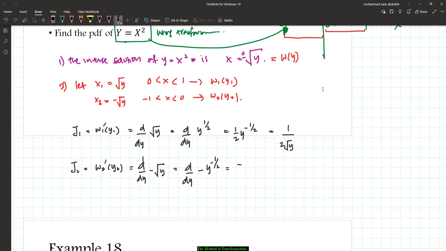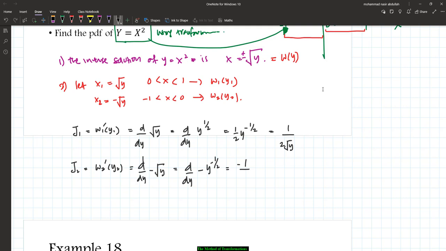What is the answer here? 1 over, this is -1, berapa ini? This is not 1 over 2 kan? 1 negative half minus 1.